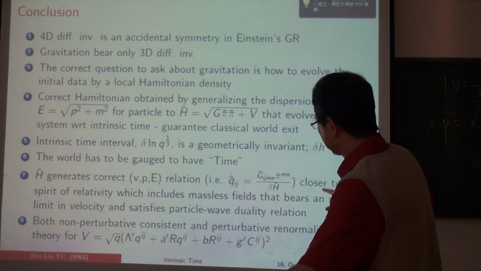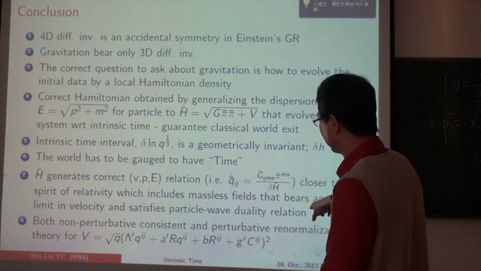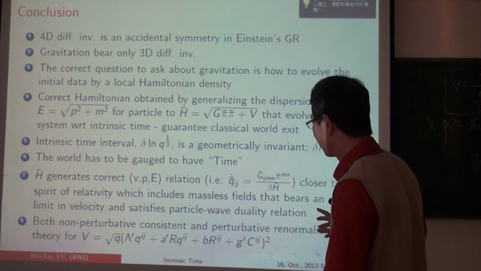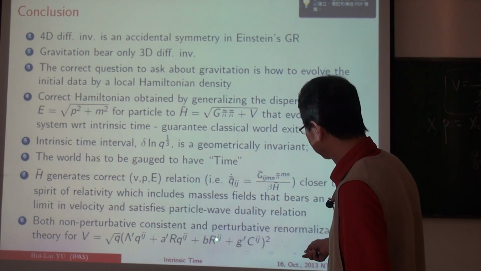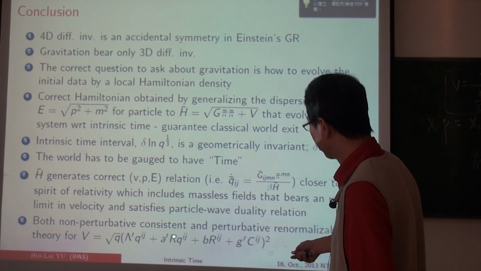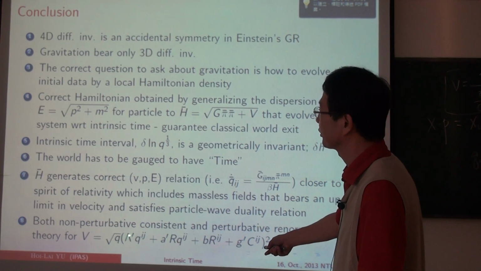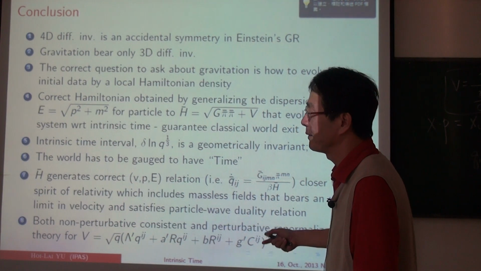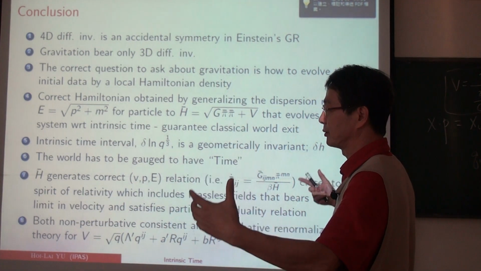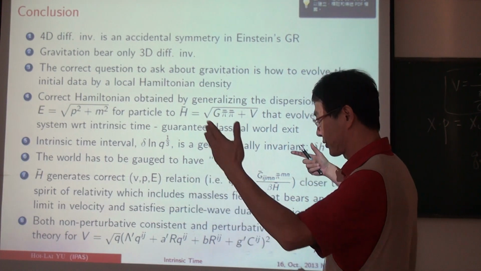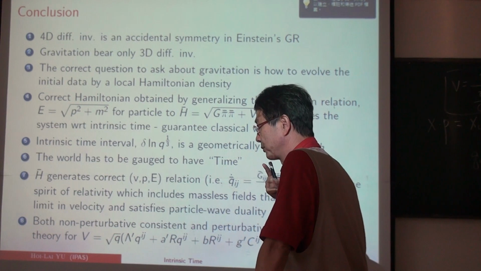So that means what is more important for this theory differs at different stages. For example, at late stage, this dimension 6 operator and the dimension 2 operator drop out. Only the cosmological constant will stay. That means at late stage the universe is de Sitter, which is consistent with observation.